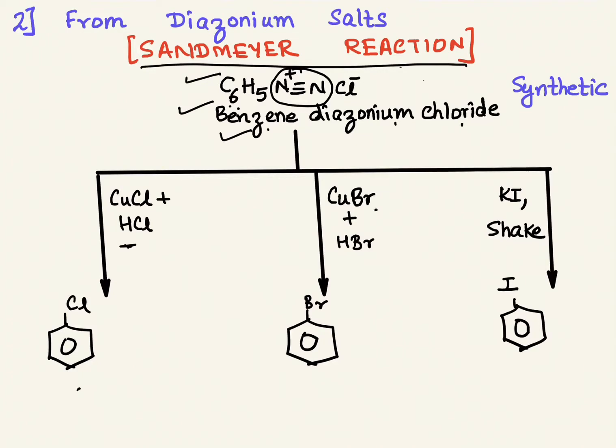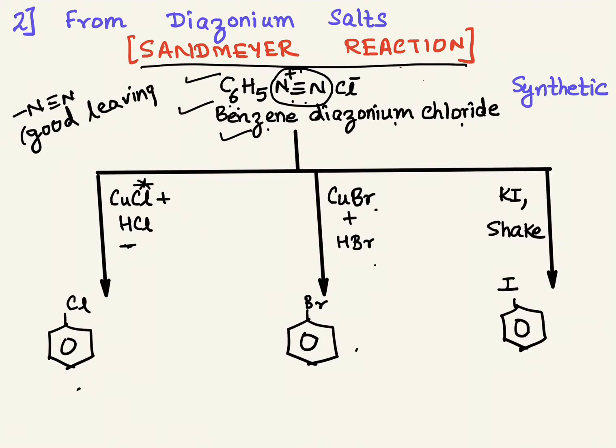Cuprous bromide and HBr gives you bromobenzene, and mind you, it is this Cl attached to the copper which replaces the diazo group. This diazo group is actually a very good leaving group. It leaves the benzene ring very easily.